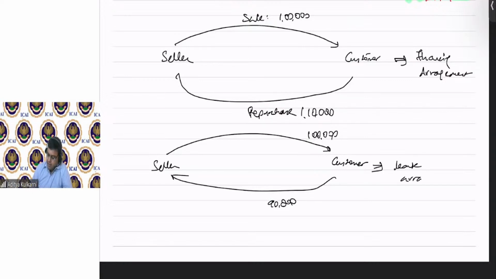The 10,000 rupees we are keeping and returning back 90,000 indicates that 90,000 is a security deposit, and that gap between 1 lakh and 90,000, which we are not refunding, will be more like our lease charges. The difference of 10,000 is lease rentals.